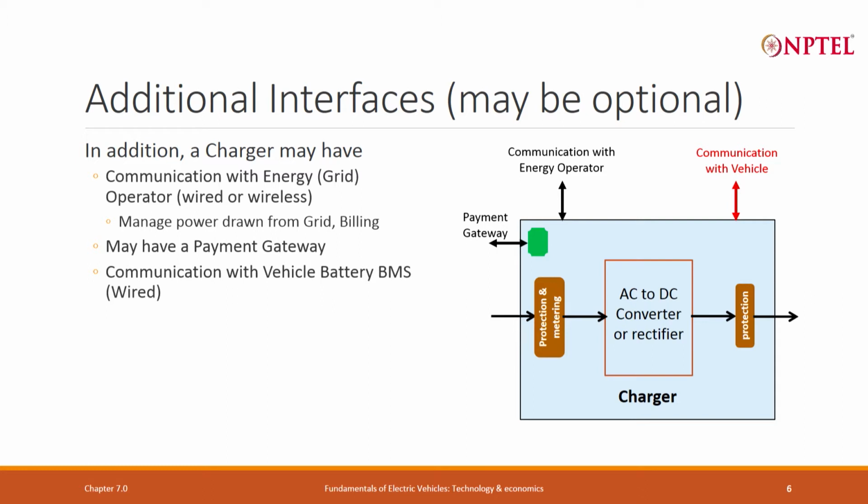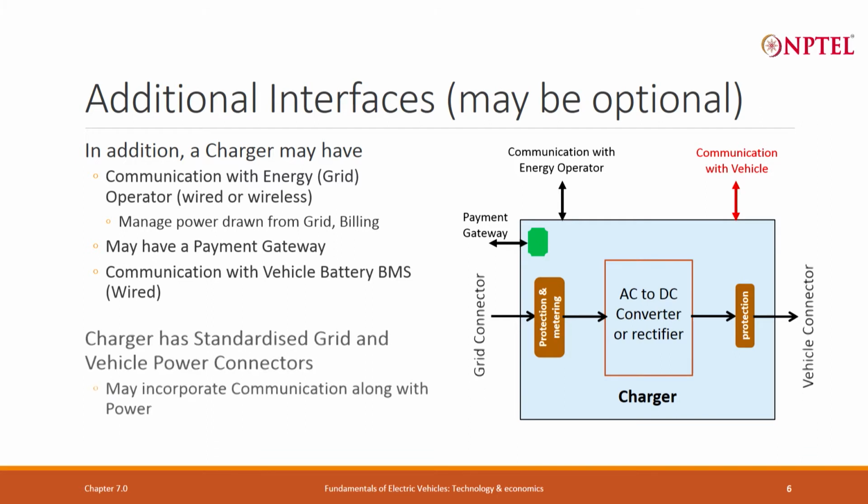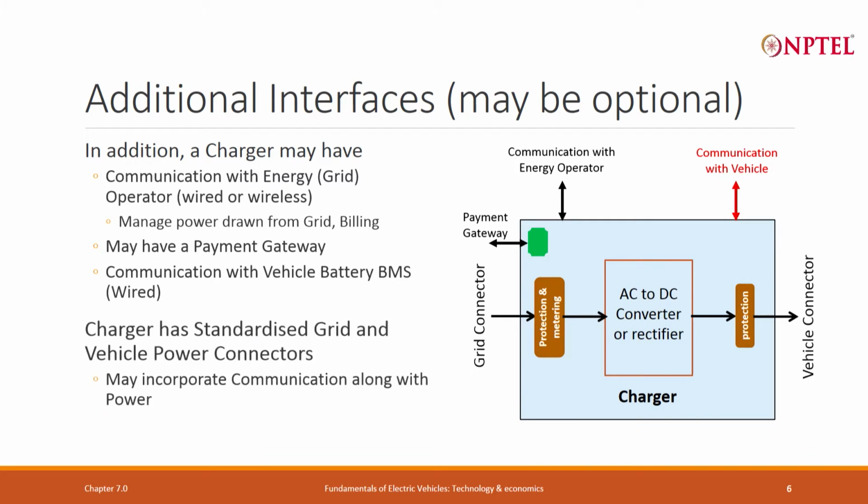Then we went into the communication with the vehicle, what we really have to do with the communication with the vehicle, and of course, then the grid connector and the vehicle connector. We went into that.